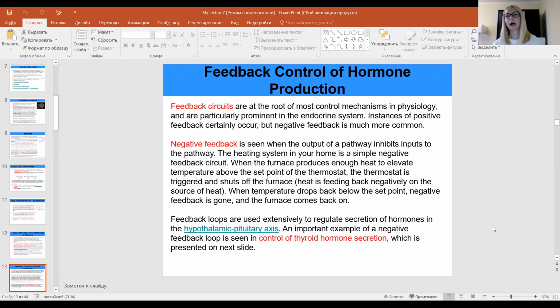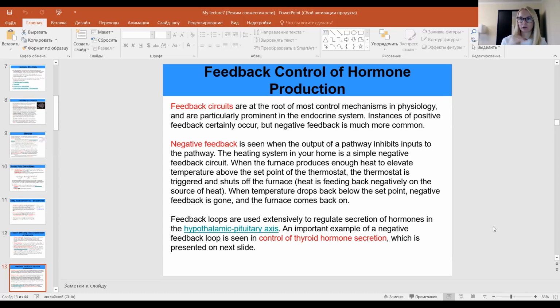Now let's talk about how the level of a hormone can be regulated. There are two types of feedback, positive and negative. Negative feedback is seen when the output of a pathway inhibits input to the pathway.